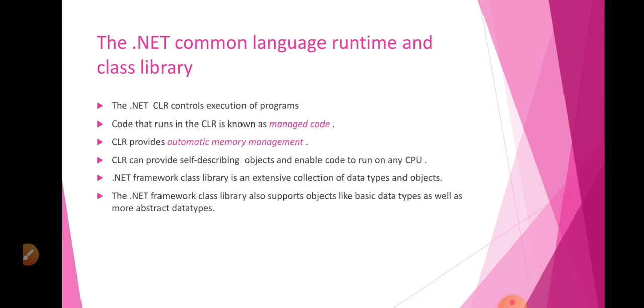Because we don't know anything in the back side, that is, how the label box is designed, how the text box is designed, how the button is designed. We need no knowledge about how they are designed. We just click and drag them from the toolbox. We don't know the code behind the label box.